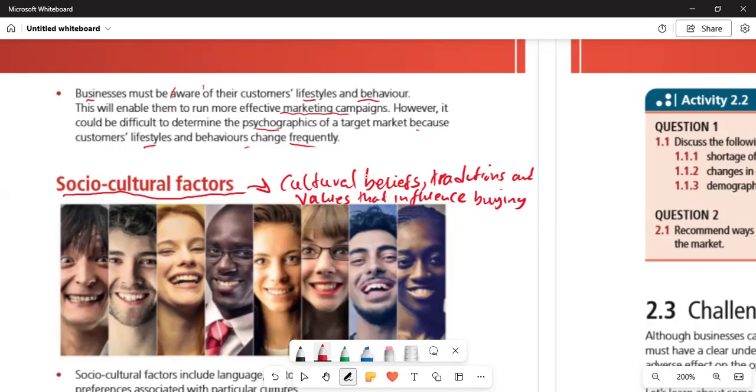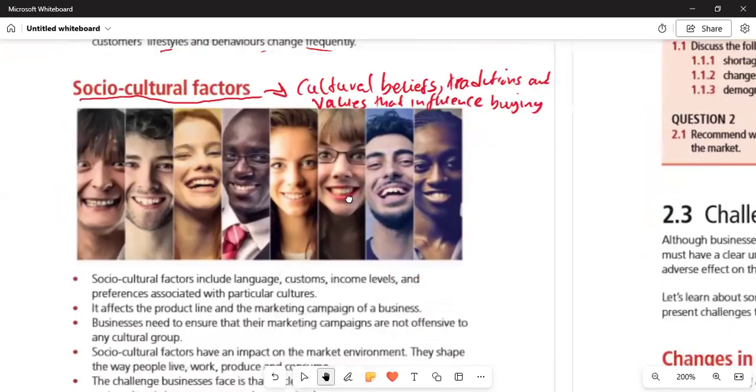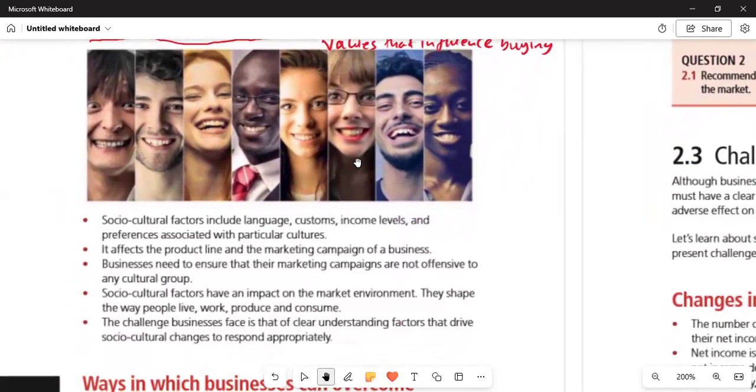Let us go through the points under socio-cultural factors. It says socio-cultural factors include language, customs, income levels, and preferences associated with particular cultures. That is true.